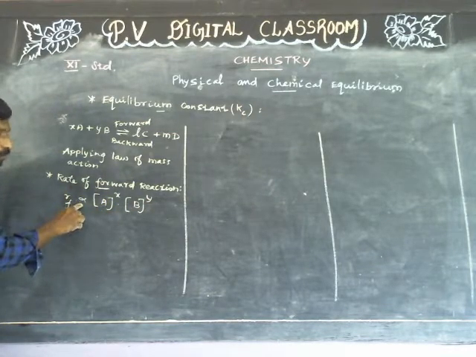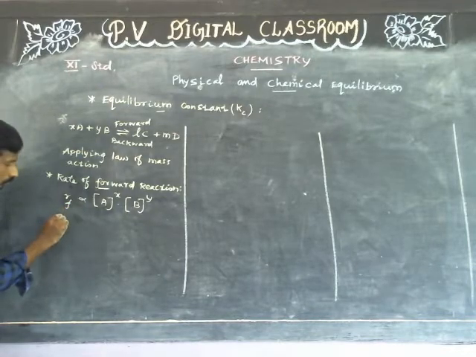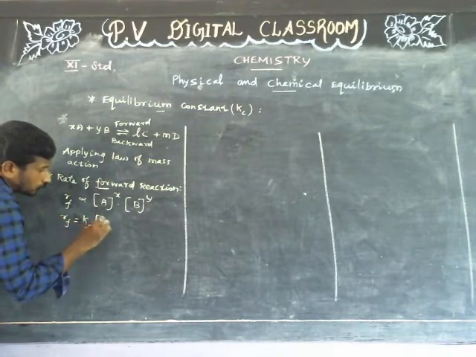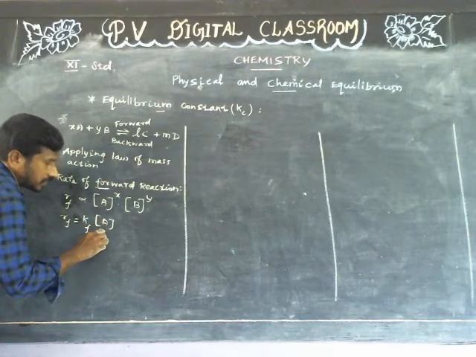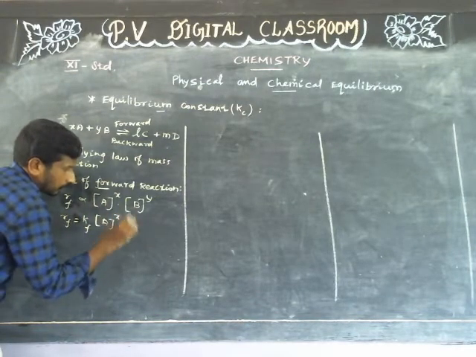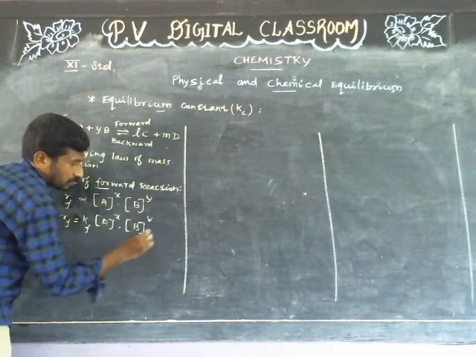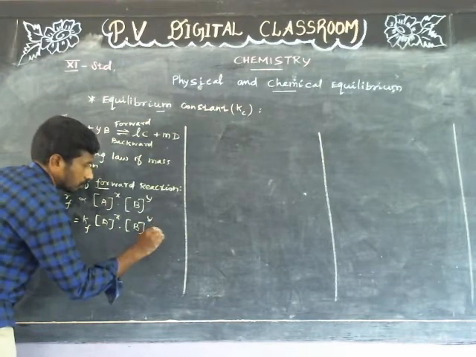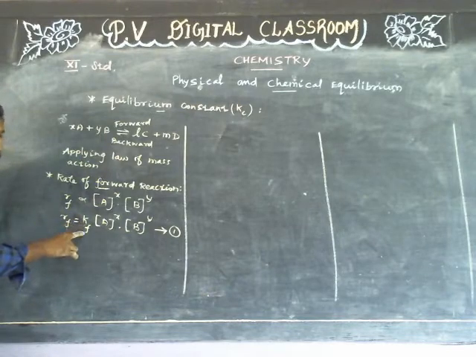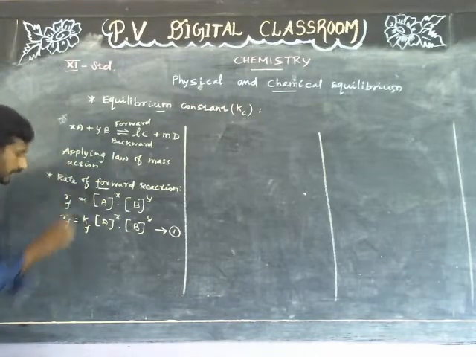When we remove this proportionality, we should introduce a constant. Therefore, Rf is equal to Kf into the active mass of the reactant A with stoichiometric coefficient x into the active mass of the reactant B with stoichiometric coefficient y. This is equation number 1, where Kf is a proportionality constant or rate constant of the forward reaction.